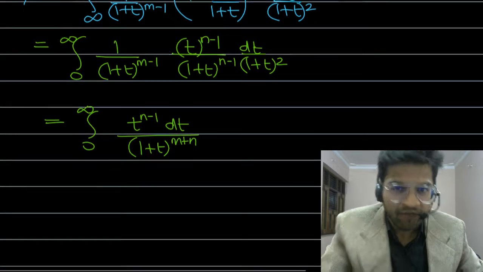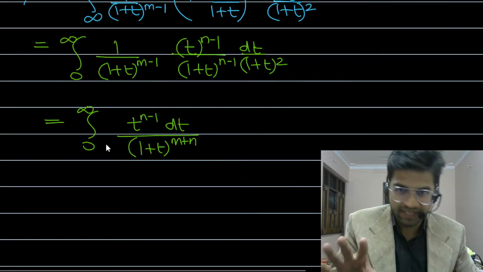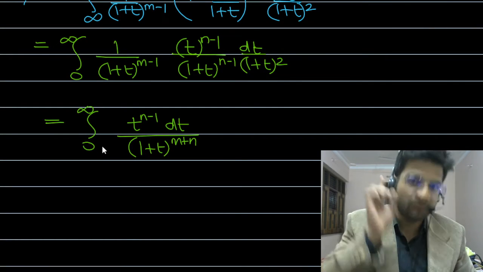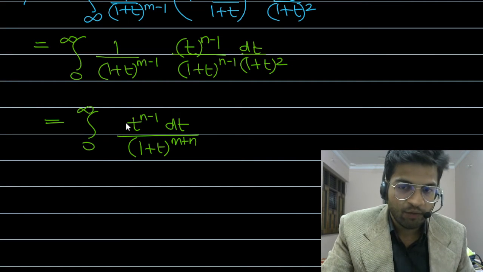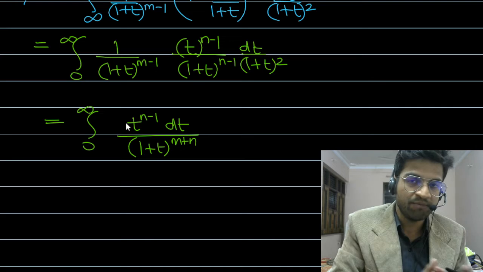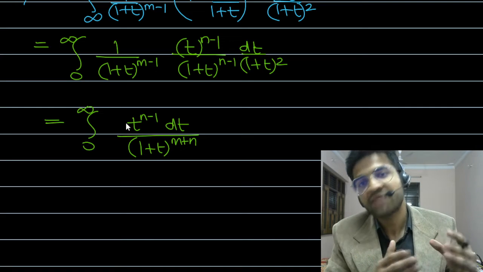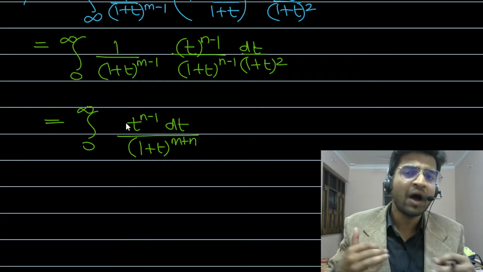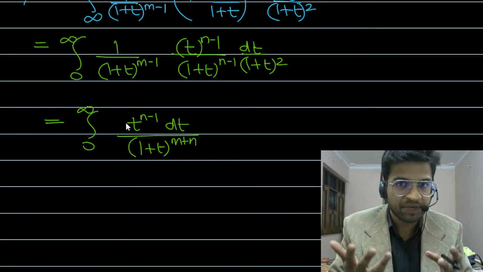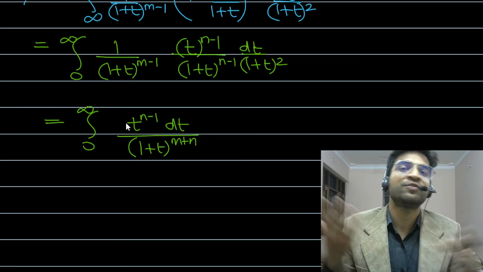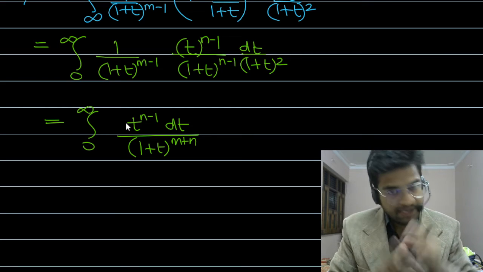There is an issue of limit, and there is one more issue. We have t to the power n minus 1, but we need to have t to the power m minus 1 as well. Now how do we find the term t to the power m minus 1?